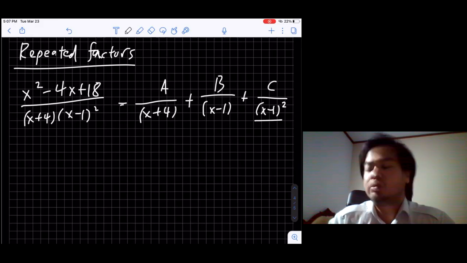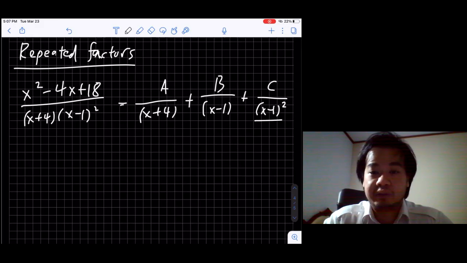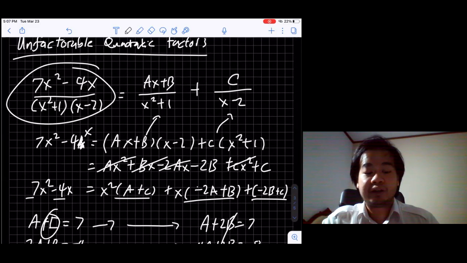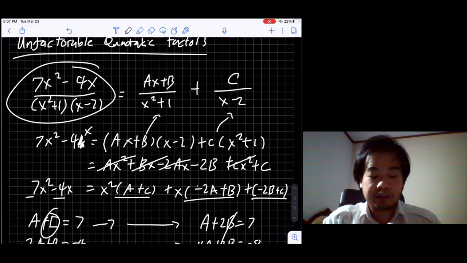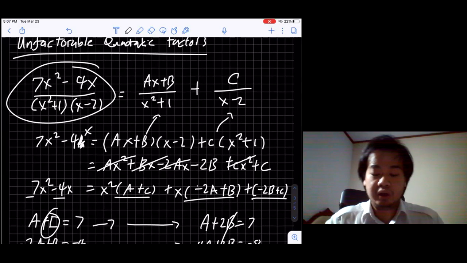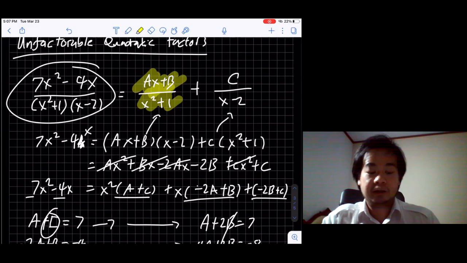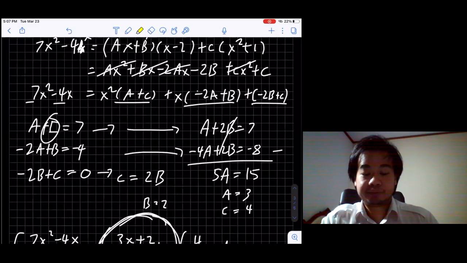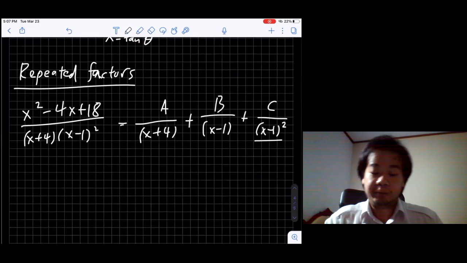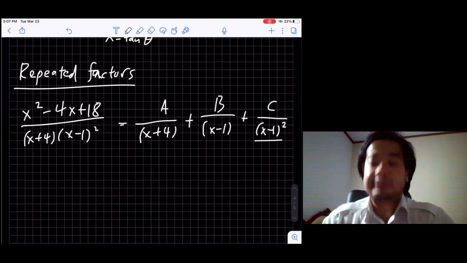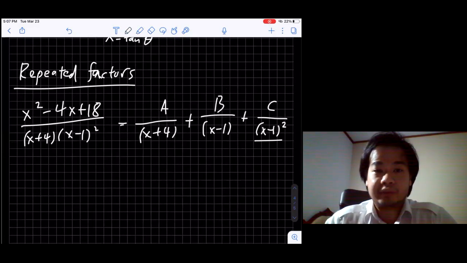You just put c instead of cx plus d. What's the difference with the earlier one? The factor there is unfactorable, it's not x minus 1 being squared, it's x squared plus 1. That's why you need to put ax plus b over x squared plus 1. But for this one, because it's repeated, x minus 1, x minus 1, you just need to put c. I hope you understand.